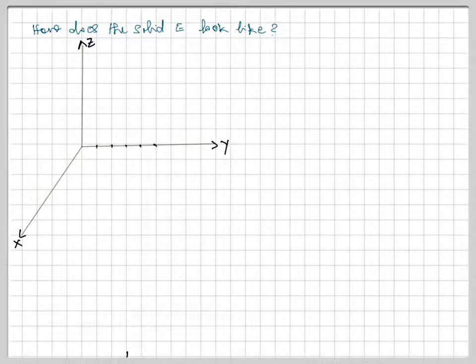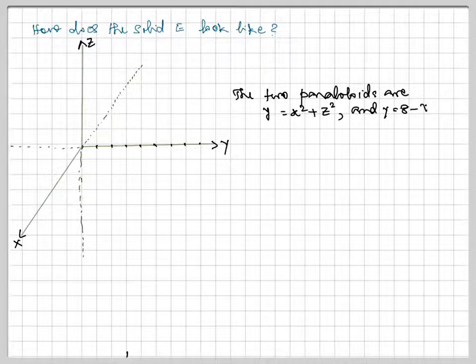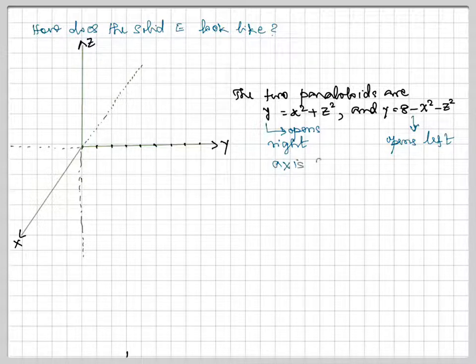So let's have the negative x-axis, negative z-axis, and negative y-axis shown here. The two paraboloids both have the y-axis as their axis. One is opening to the right, the other one is opening left.